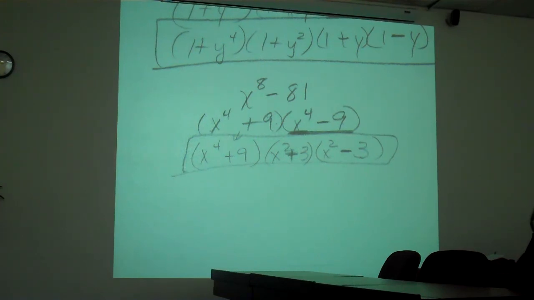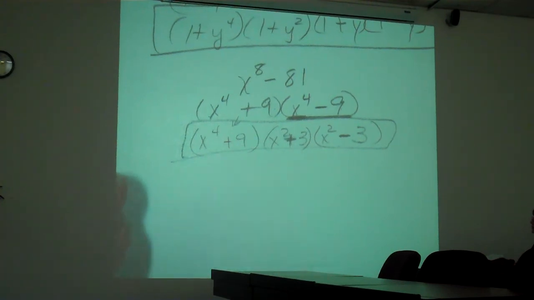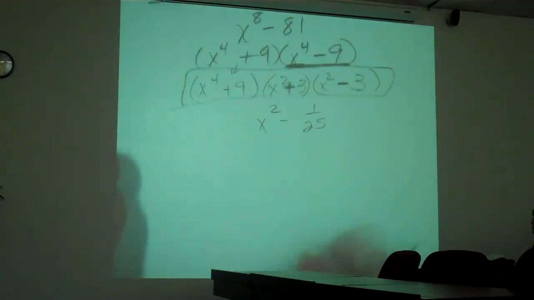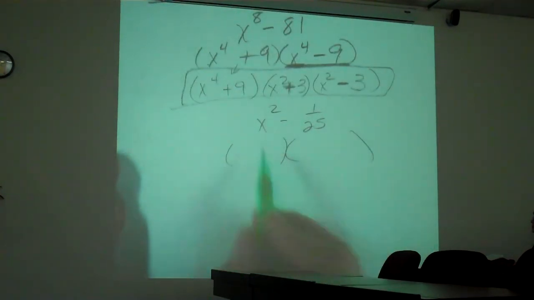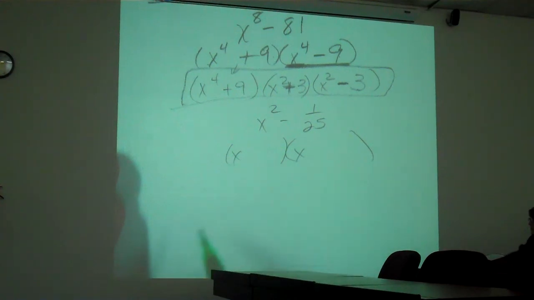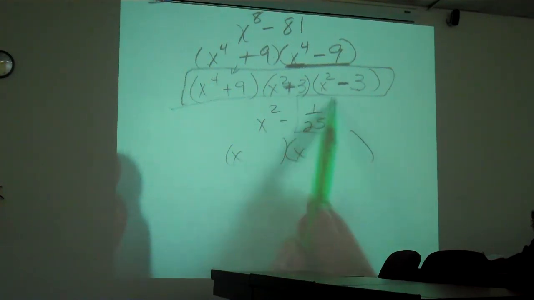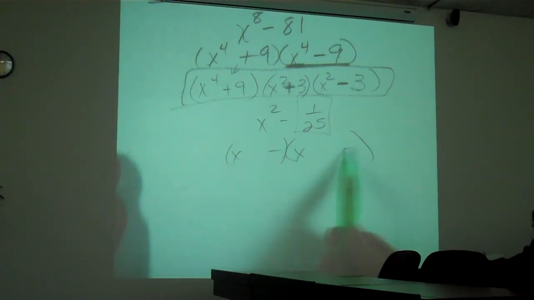There's some fraction ones, but you don't have any of those assigned. We can go ahead and do one just to make sure you know how to do it. X squared minus 1 over 25. Okay? X squared is x times x. And to get this, the 5's need to be on bottom.